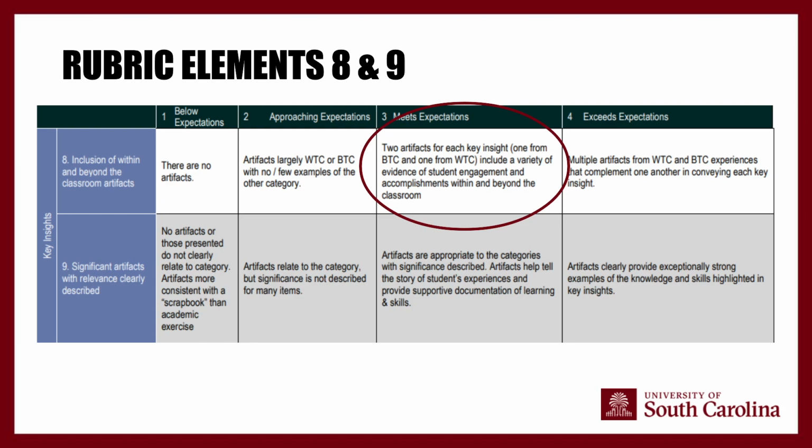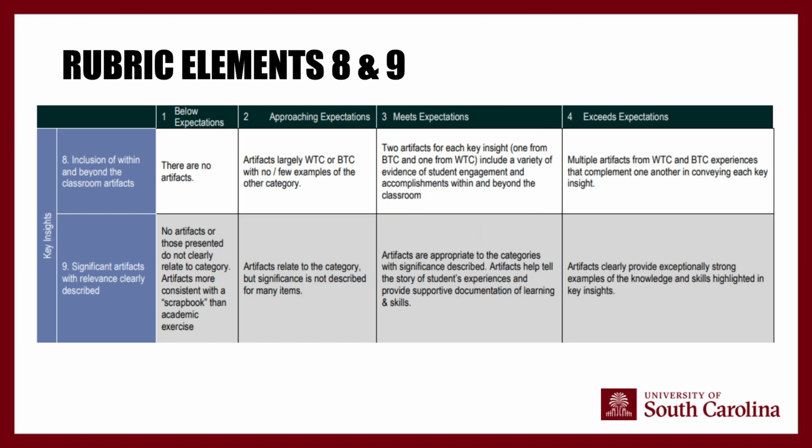It's important to note that you will need 1 artifact from within the classroom and 1 from beyond the classroom for each key insight essay. This means in total, there should be a minimum of 6 artifacts included in your ePortfolio, and there should be more than 1 type of artifact, meaning you should not have 6 papers or just 6 photos.